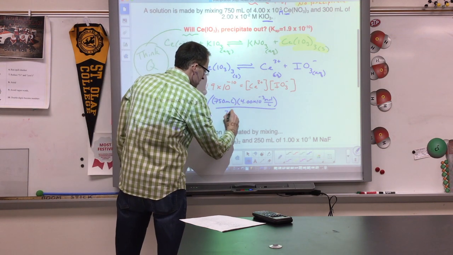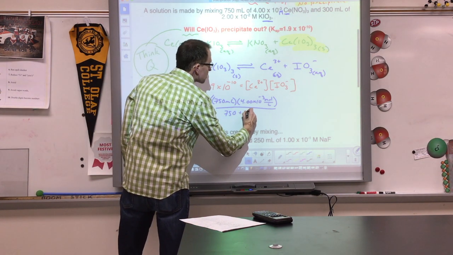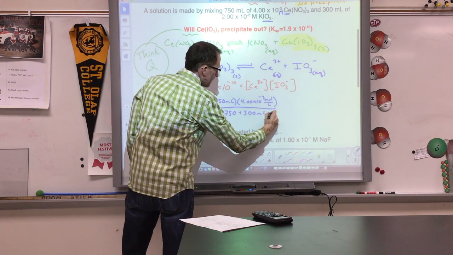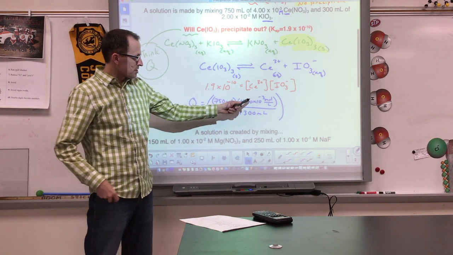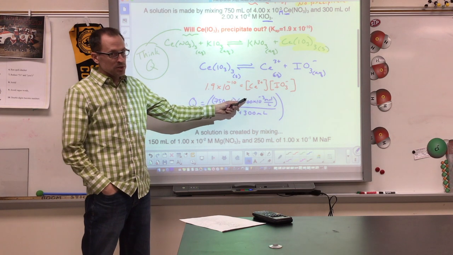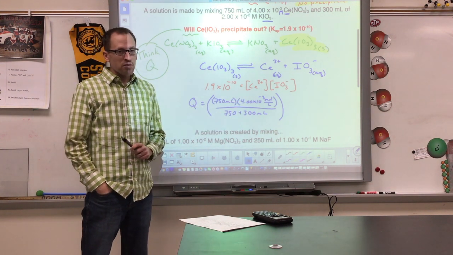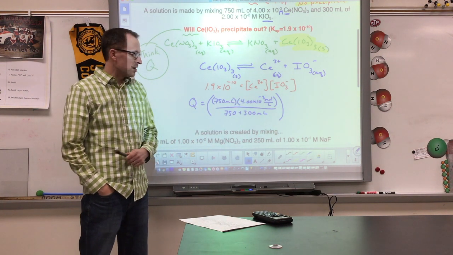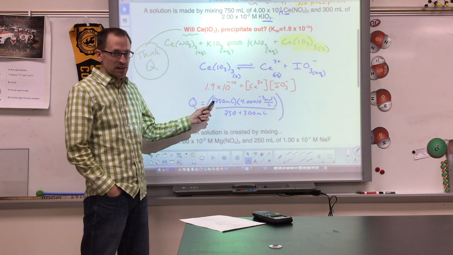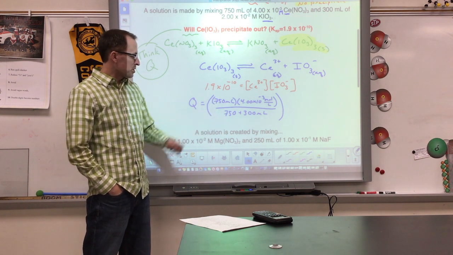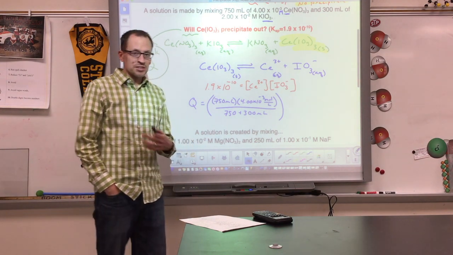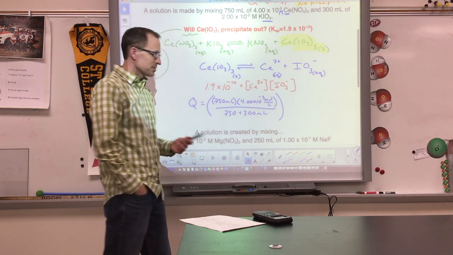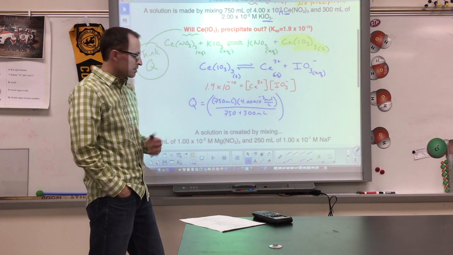So I have 750 plus 300 milliliters. Okay? So I've converted it to moles, in this case millimoles, but then I'm redividing it over milliliters, so that cancels it all out. Otherwise, you could do it by 0.75, which is liters, and then put it over the total volume, which would be 1.05 liters instead of 1,050 milliliters.